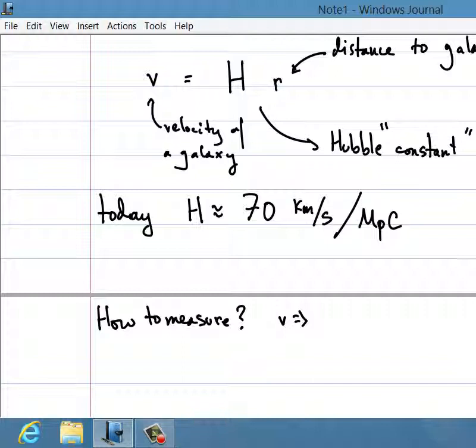Okay. So the Doppler effect says that if something is moving relative to you, then light which is emitted by that object will appear either redder or bluer, depending on whether that object is moving away from you or moving towards you. And in particular, if the object is moving away from you, then the light will appear redder.